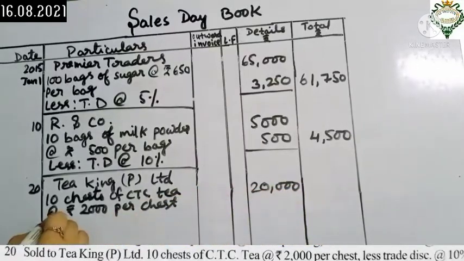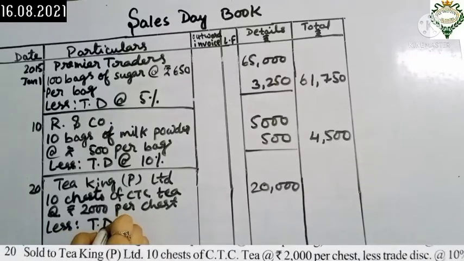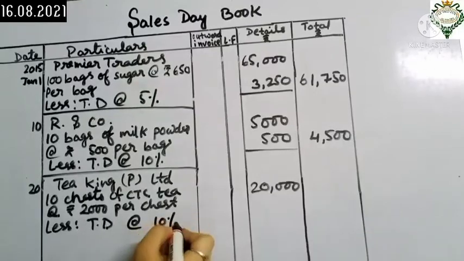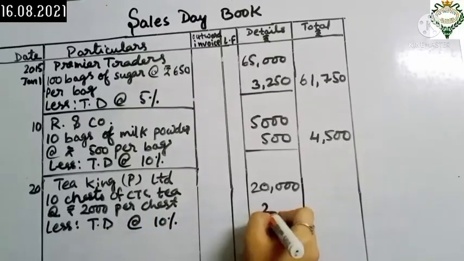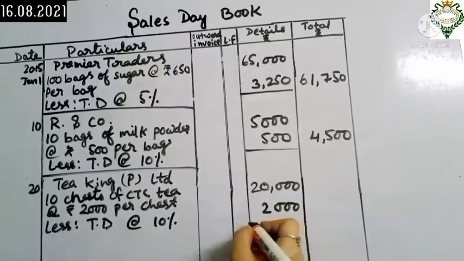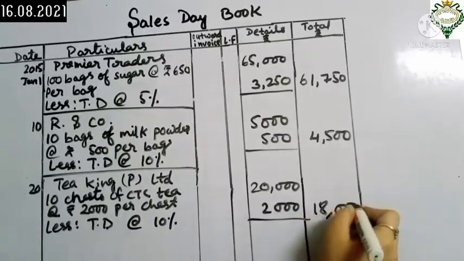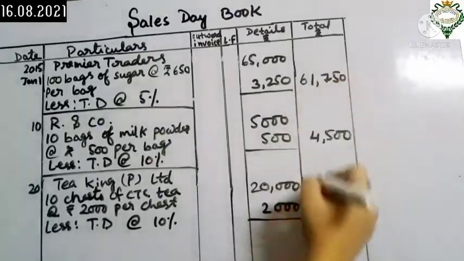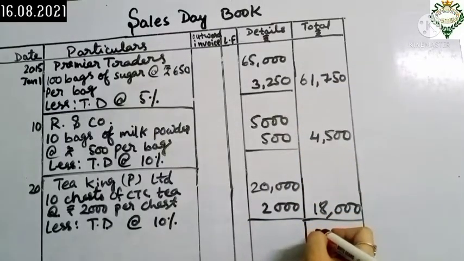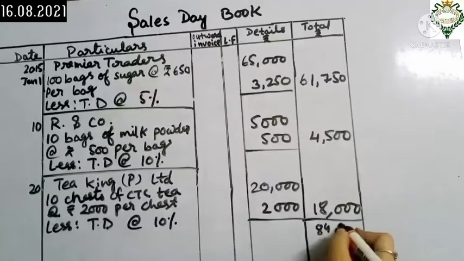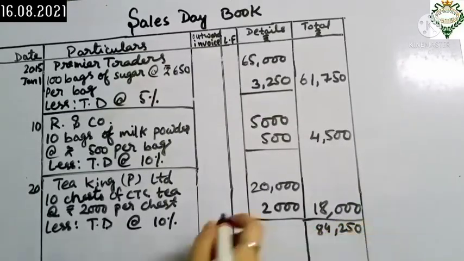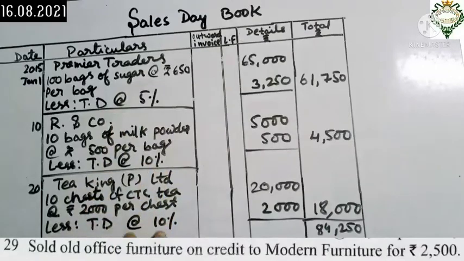There is also a trade discount at 10%, so we will get 2,000 here. If you subtract this 2,000 you will get 18,000. Now just do the total. You will get the amount 84,250.